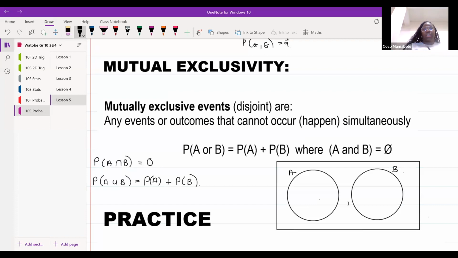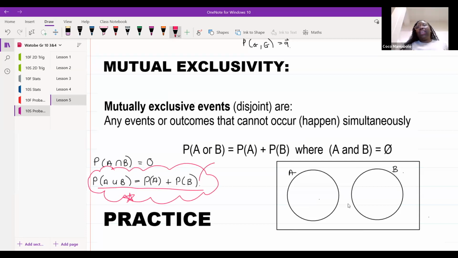No, it's not. This particular one that I've written over here, I need you guys to write it down in your book, put a big nice star around it. This particular formula is only for mutually exclusive events.